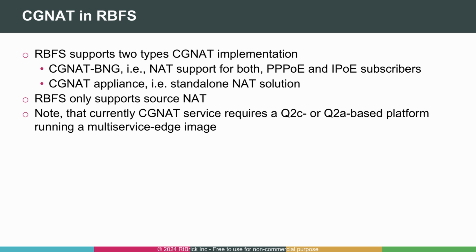Alternatively, you can use the CGNAT appliance, a standalone CGNAT solution. As of version 25.2.1, RBFS supports only source NAT. Note that NAT requires the use of a Qumran 2C or Qumran 2A based hardware switch running a multi-service edge image. NAT is not supported in virtual RBFS images.